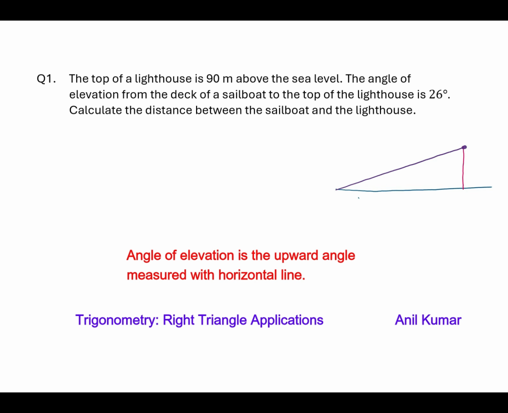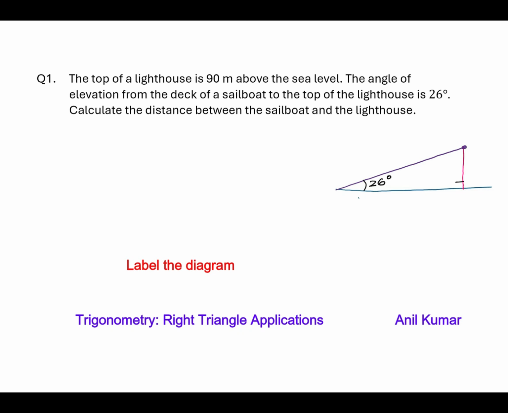So we can label this diagram. So that is 26 degrees. This is assumed to be at right angles. Top of the lighthouse is 90 meters, so this side is 90 meters.